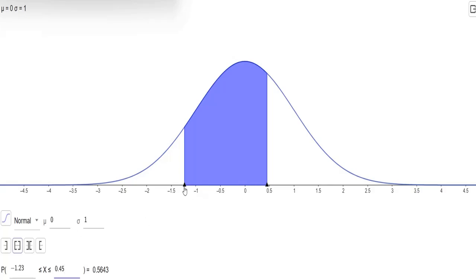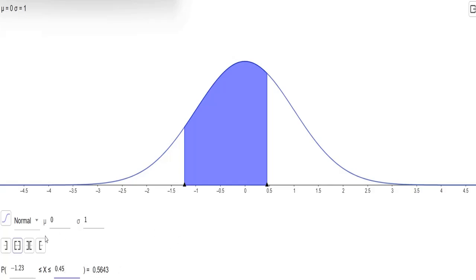From -1.23 to 0 will be my first area, and from 0 to 0.45 will be my second area. I can add both these data so that I will be getting the portion between -1.23 to 0.45. So this is going to be the answer, 0.5643.